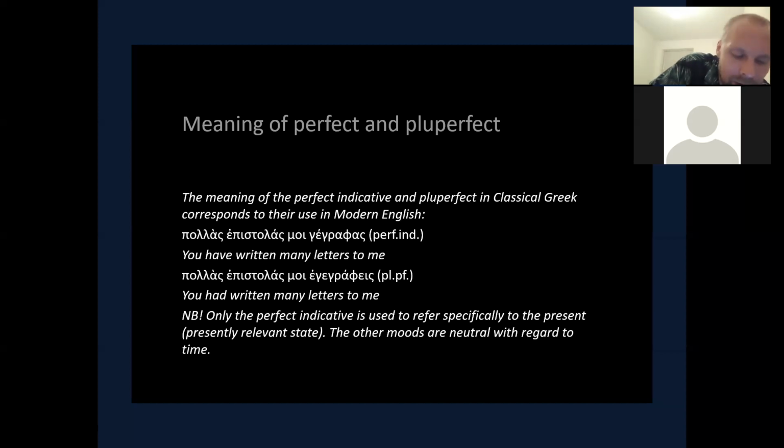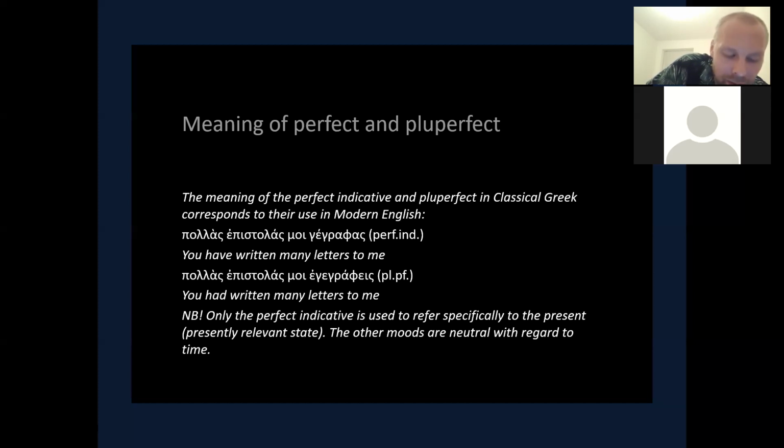But the pluperfect or the past perfect in turn always refers to a past state in both classical Greek and modern English. That is, to a state which is no longer relevant, but which was relevant in the past and which once existed as the result of a previous action.